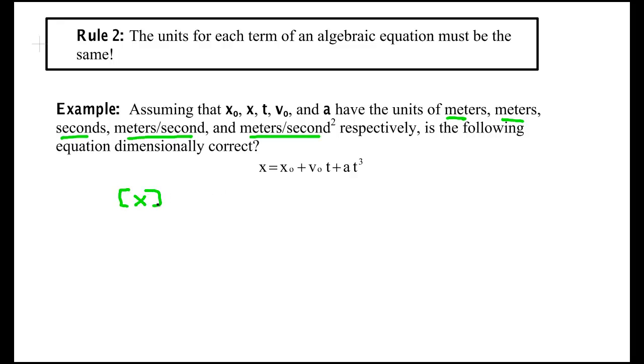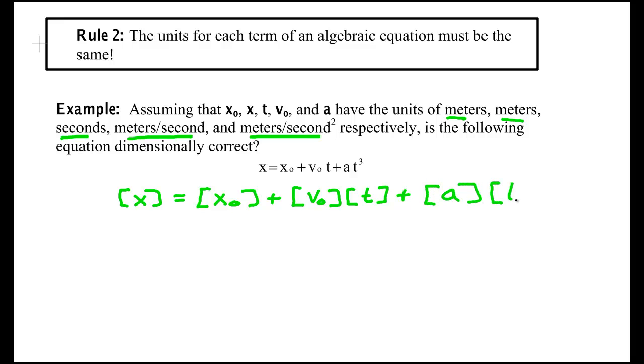Units of x has to equal the units of x naught plus the units of v naught times the units of t, so these two are multiplied according to that formula, plus the units of a times the units of t cubed.